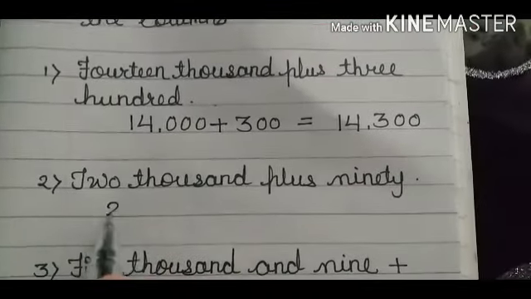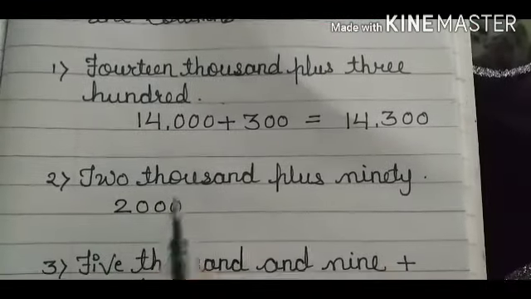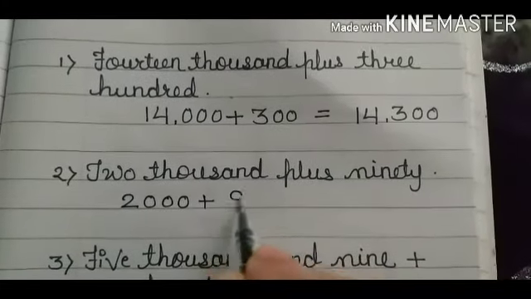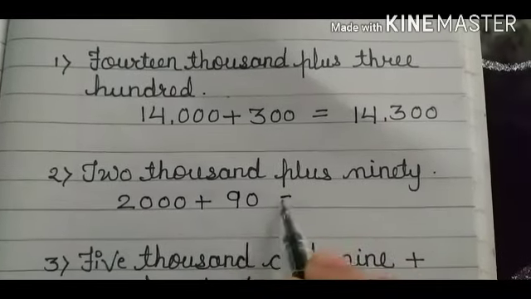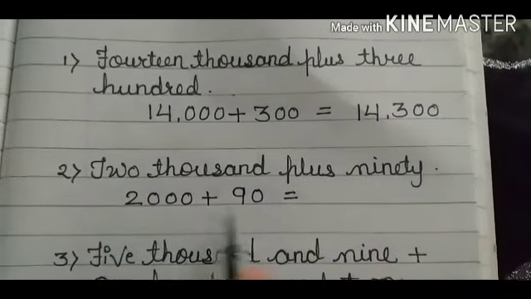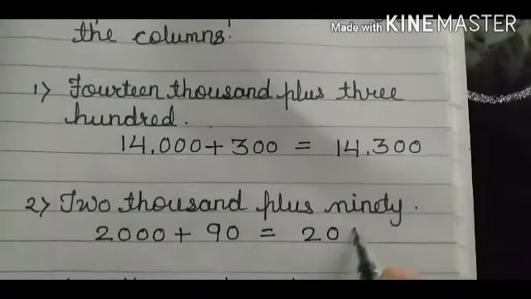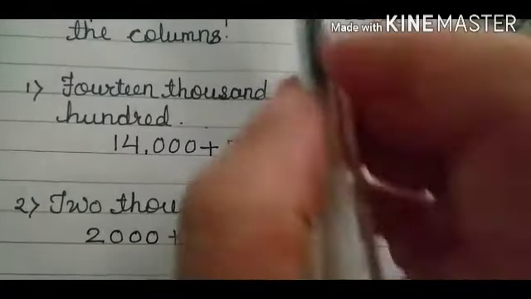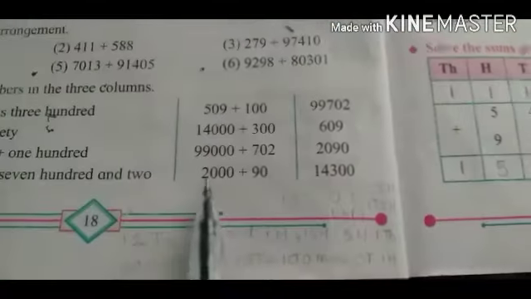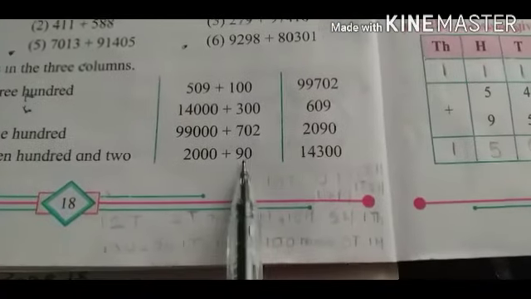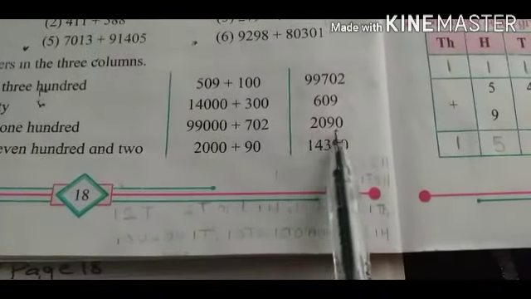So we will write 2,000 plus 90 is equal to, if you will add this both, our answer will be 2090. You can see in the textbook given 2000 plus 90, and in third column also 2090 is given. So you have to write like this in your notebook.